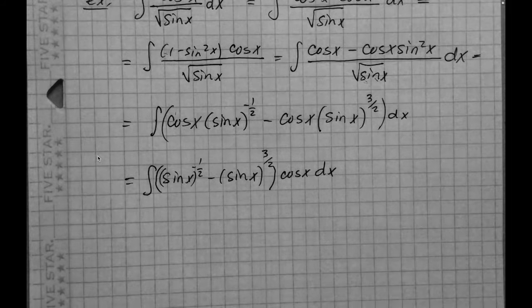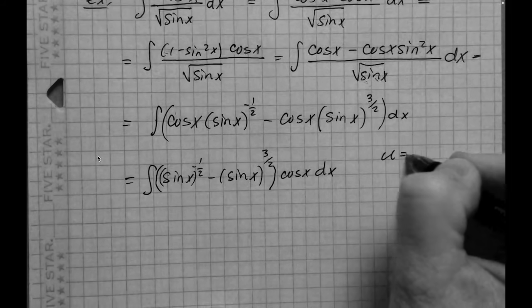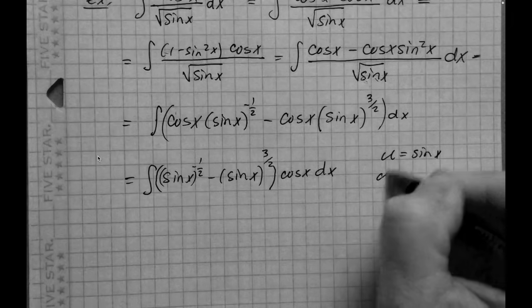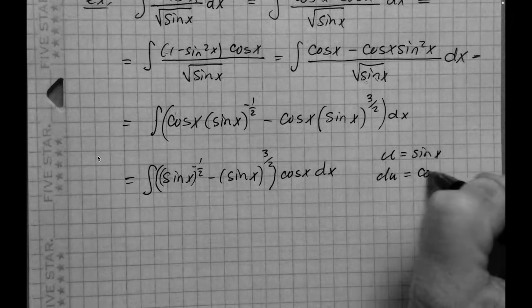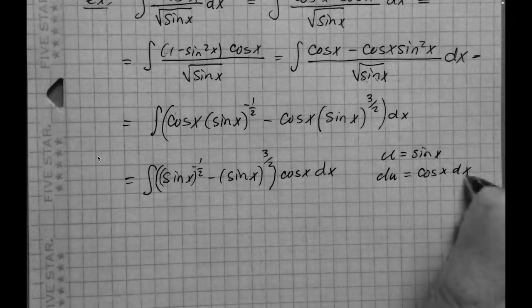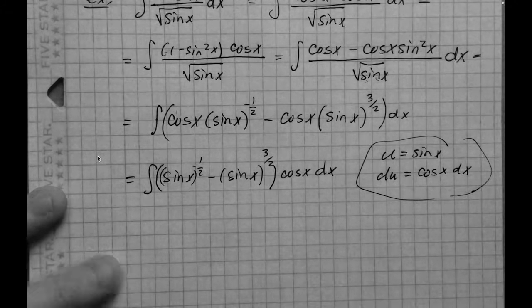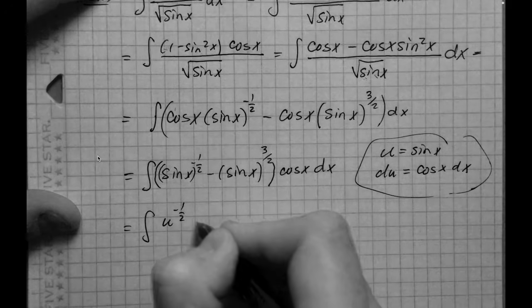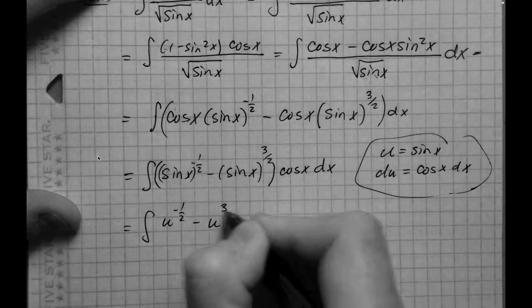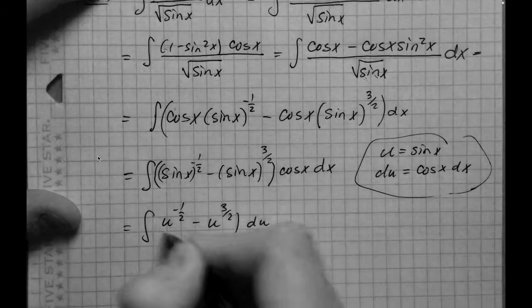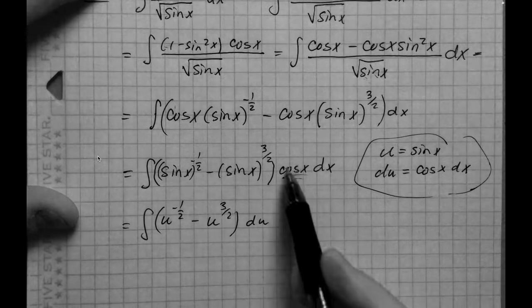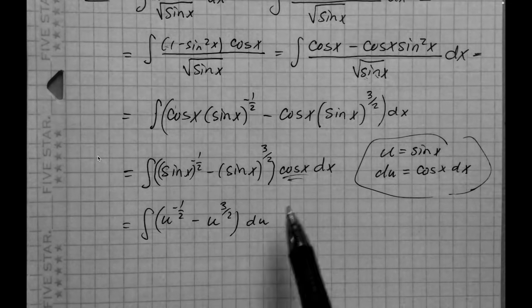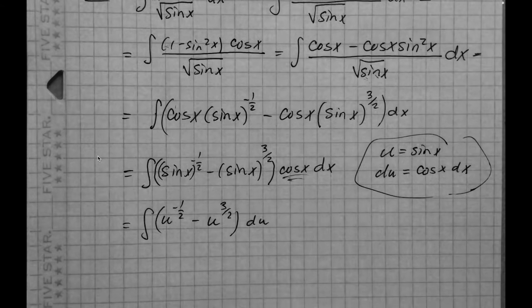And now I can use my u substitution, right? u equals sine of x, du is equal to cos x dx. Okay, so I can use that substitution in here, and I get the integral of u to the negative 1/2 minus u to the 3/2 du. Right, so you see the fact that I have this cosine sitting here makes the u substitution straightforward.